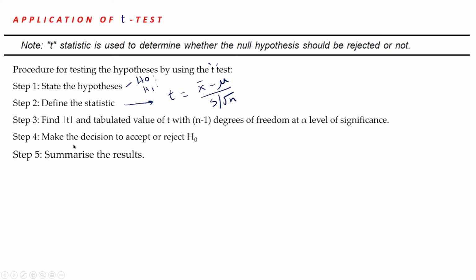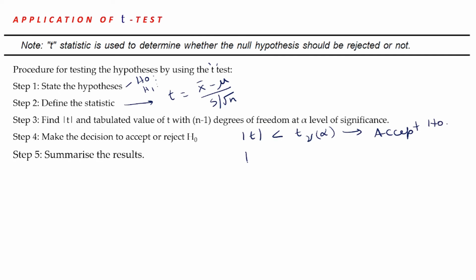Here one important thing to note in this step, make the decision to accept or reject H0, is when we have to accept H0 and when we have to reject H0. If the calculated t value is less than the tabulated value of t with n minus 1 degrees of freedom at alpha level of significance, then in this case we accept H0.